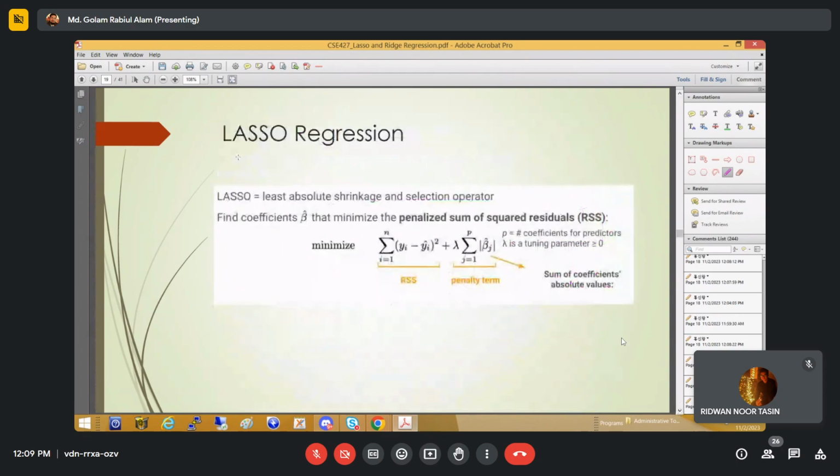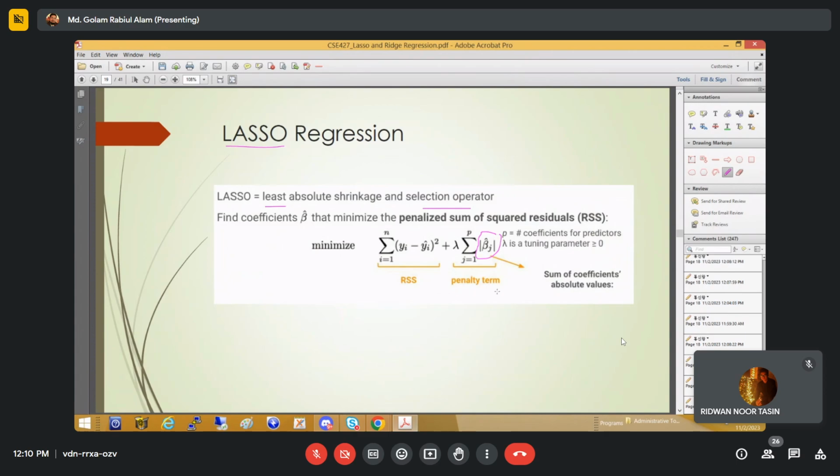But what's the difference between Ridge and Lasso? The Lasso regression also applies regularization, that means a penalty, but it uses a different equation for the penalty. The equation is a little bit different. Lasso means least absolute shrinkage and selection operator. In the case of the lasso, the penalty term is not a squared value.